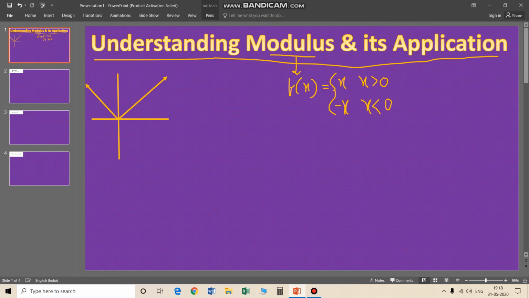If this is the value 1 here, this will also be 1 here. This 1 here, and 2 again 2 here. Then 3 again 3 here. This is the value as it goes on. Here minus 1, it will go to be 1. Here minus 2, it will be 2.